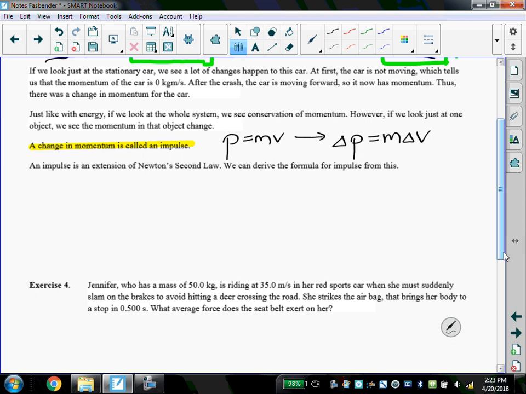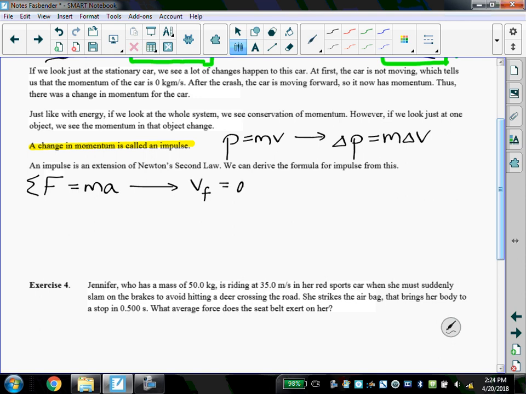Now, change in momentum is also called an impulse, and really this is an extension of Newton's second law. So if you recall from last semester, Newton's second law was F net equals m times a. And also from last semester, hopefully you remember that we have lots of ways that we can calculate an acceleration.